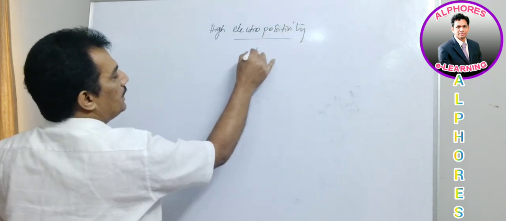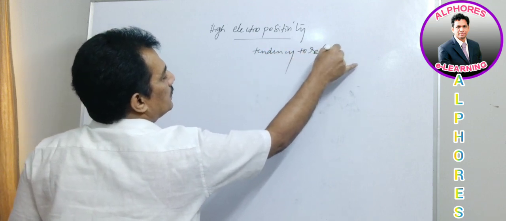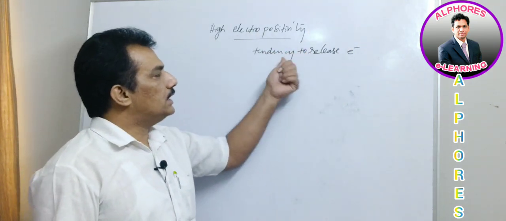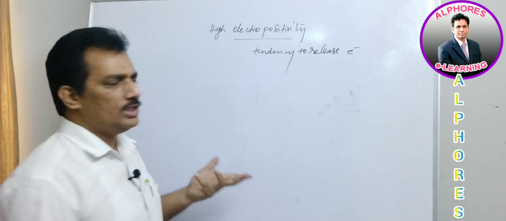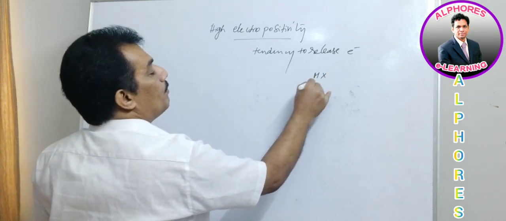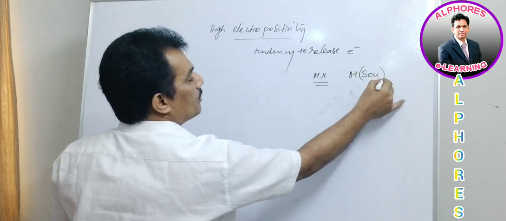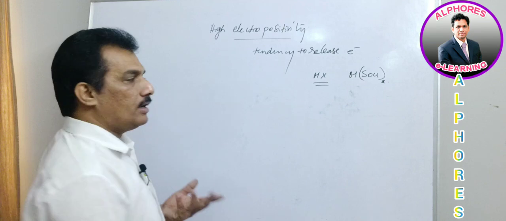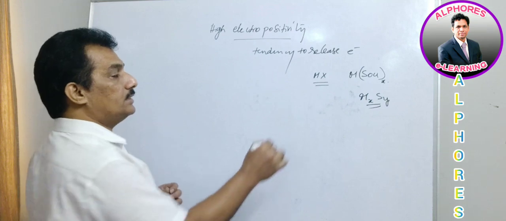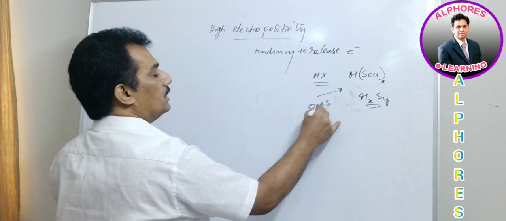Electropositivity is the tendency to release electrons, and because of this high electropositivity they never exist in metallic form. Instead, they exist in combined form, either as MX or MSO4, or sometimes in the form of metal sulfides. They exist in combined form. These are known as ores or minerals.